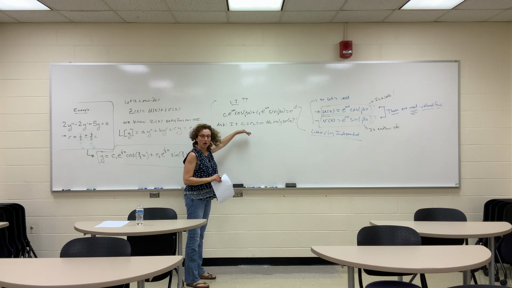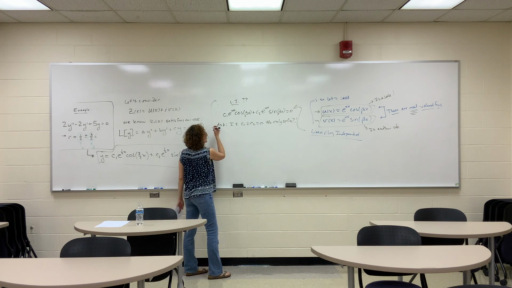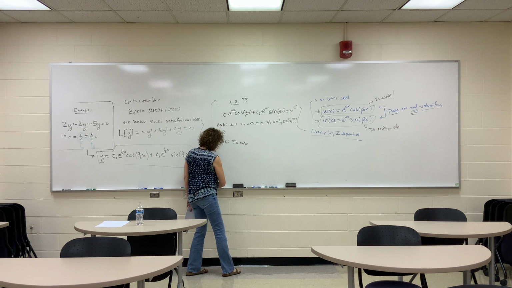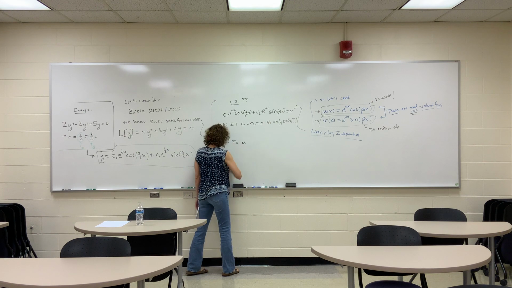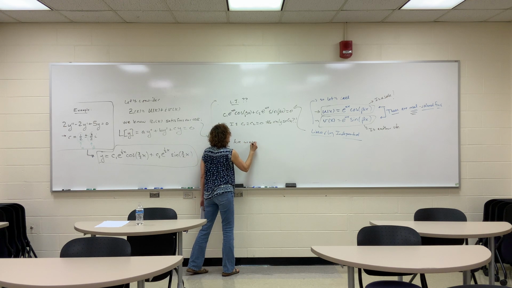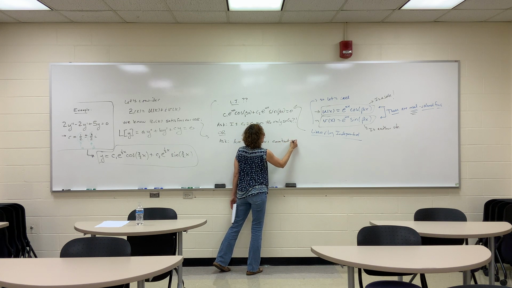Now, this is the more general way of talking about linear independence. Because it's only two functions, there are easier ways to talk about linear independence. Or we can ask, are u of x and v of x constant multiples of each other?